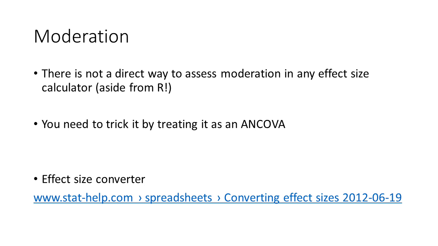So you can use this to your advantage in GPower, and you can trick GPower into doing a moderation analysis for you. You just have to treat it as an analysis of covariance, because the analysis of covariance in GPower handles interactions between your covariate and your independent variable, which is exactly what moderation is. So if you want to run a moderated design, you just need to run analysis of covariance.